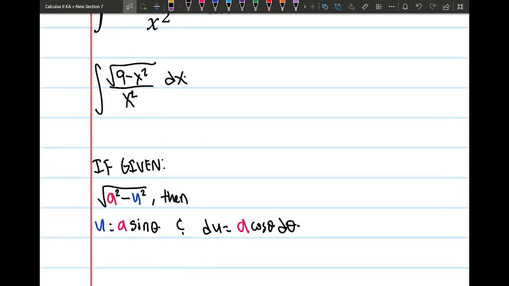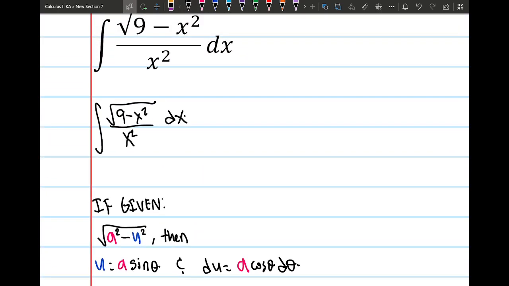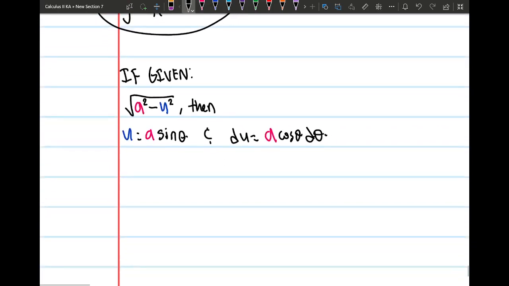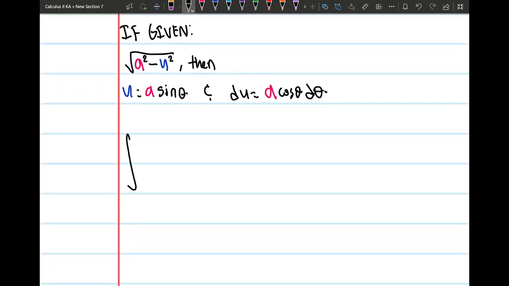And so this is what we have right here, right? And again, I'm going to rewrite it. I can rewrite the integral of the square root of 9 minus x squared over x squared as the following.